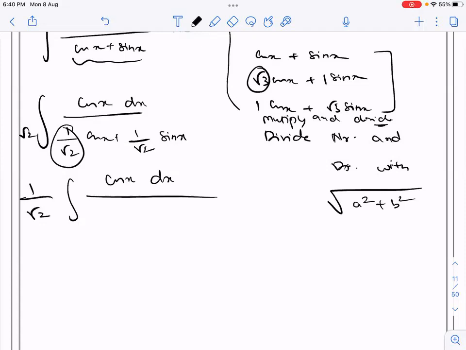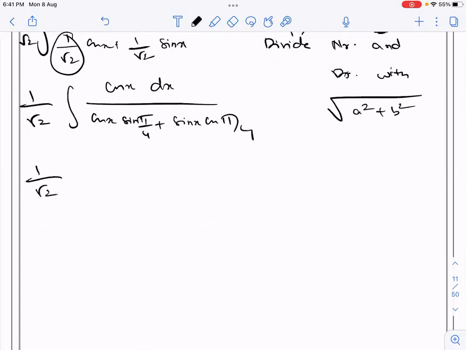Can I do that? I will have cos x into sin pi by 4 plus sin x into cos pi by 4. Can I do this? Okay. If I do this, observe what will happen. I'll write this in a different way, and I'll tell you why.